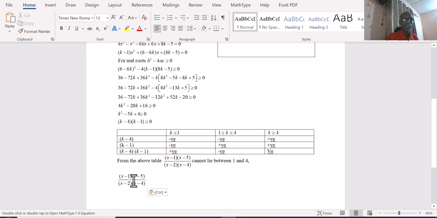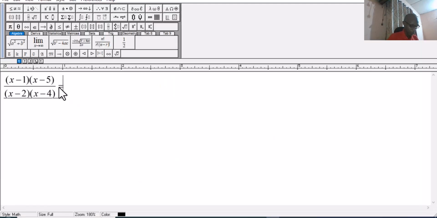So let's copy this and start the second phase of the question. Let's assume that everything here is equal to k. When k equals 1, we start.